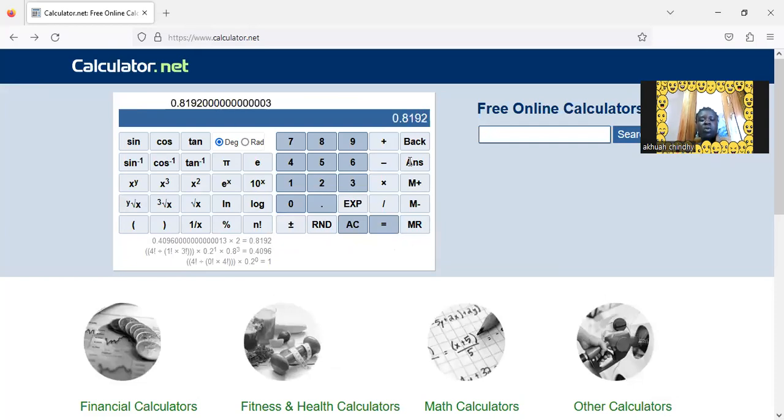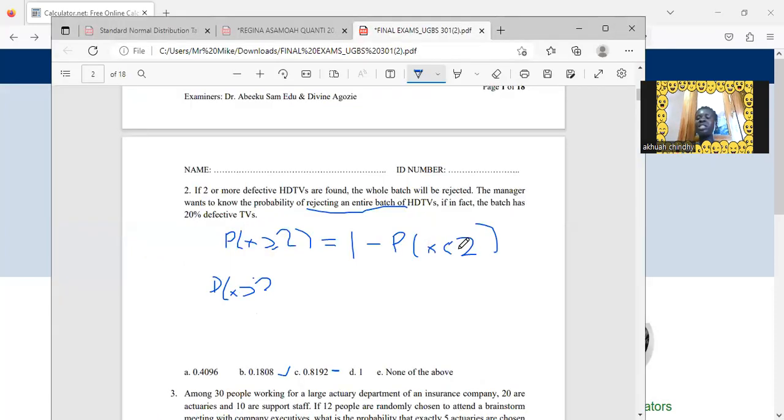So 1 minus 0.8192 is 0.1808. So you see, if someone had used this, the answer is here. So you get confused. Oh, I got it. So you just pick it. But I've forgotten that there's 1 here that you have to subtract your answer from.